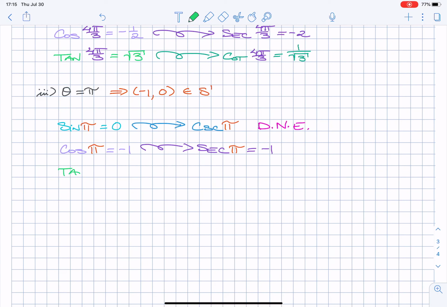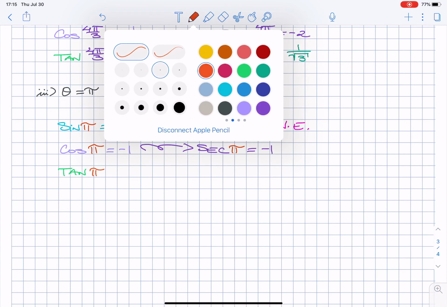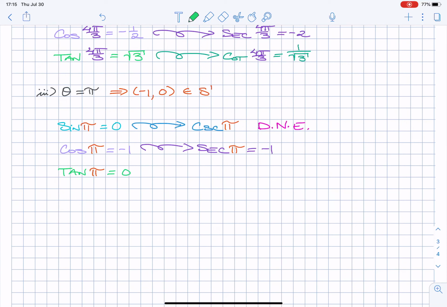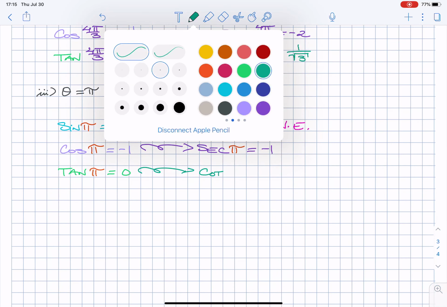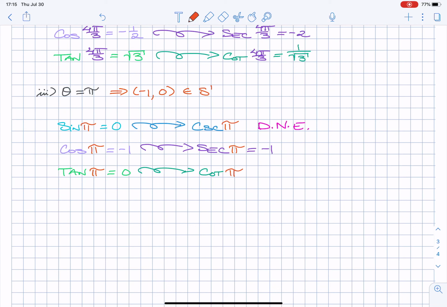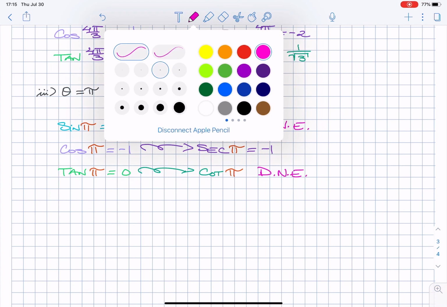Tangent of pi is the quotient of the two above him. 0 divided by -1 is 0. However, when I take the reciprocal function cotangent of pi, once again, thou shalt not divide by 0, so I know that this does not exist. DNE, does not exist.